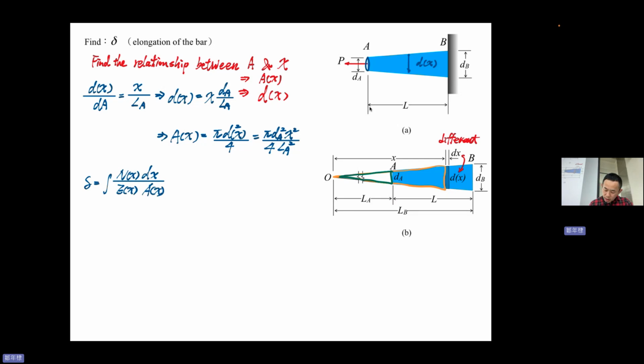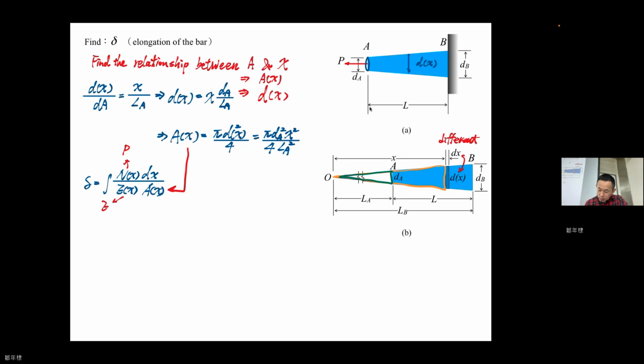And don't worry, N of x is easy because there is only one P. And all of them are the same material, E. And of course, A will be substituted into this place.